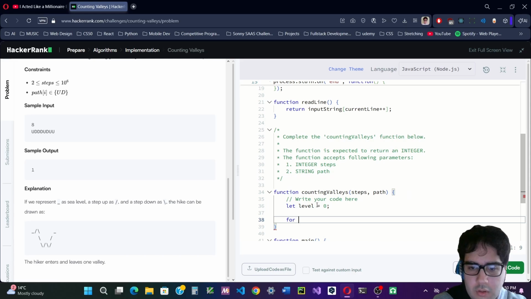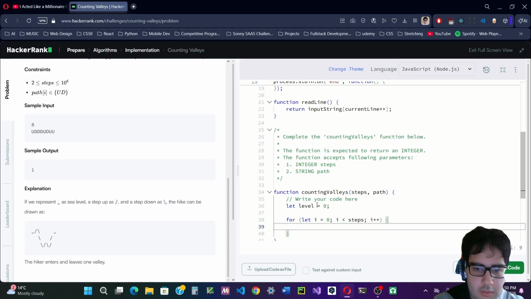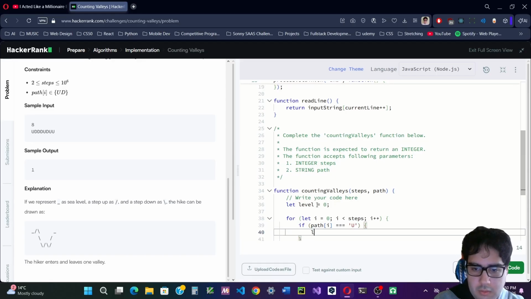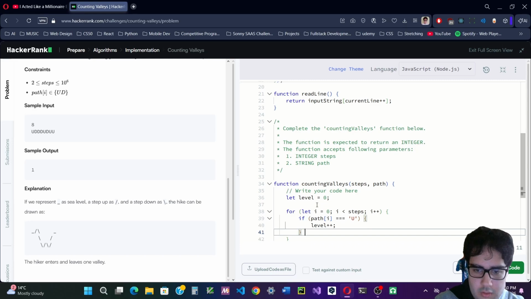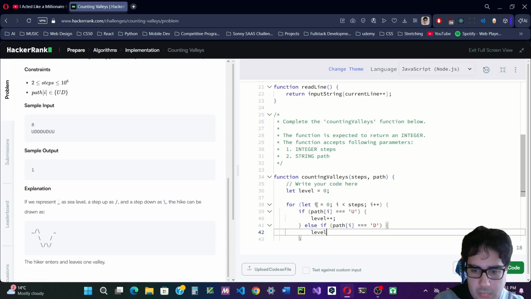For let i get 0, i less than steps, i plus plus, if path of i equals U, level plus plus, else if path of i equals D, level minus minus.